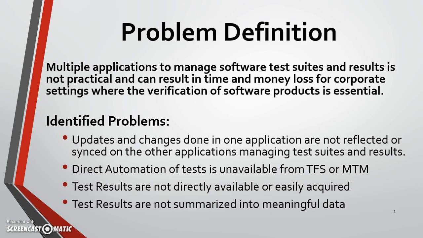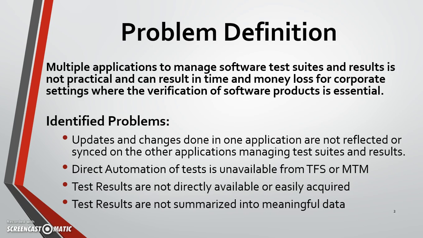So, problem definition. The main problem that we identified for Ultimate Software was that they utilize multiple applications to manage their test cases. And this might cost money and time for the software testers and the company in general, due to the fact that when you have multiple applications, which are the ones that they're using right now, like Team Foundation Server from Microsoft and Microsoft Test Case Manager, and their local software to check test results, which is called Phoenix.